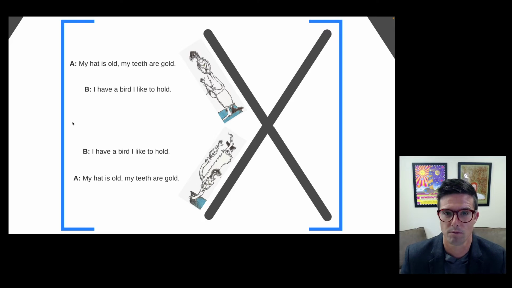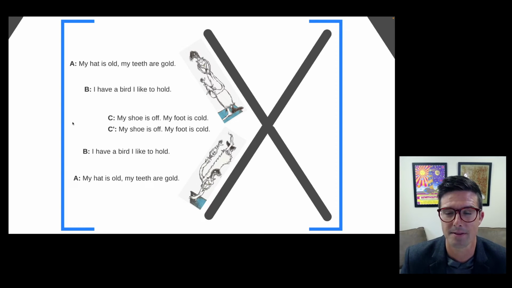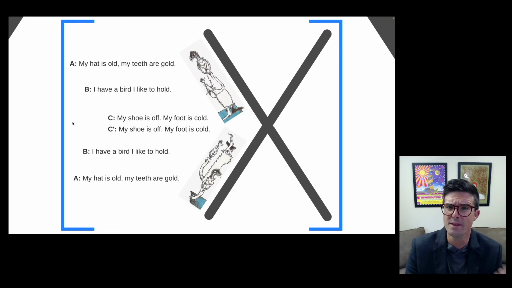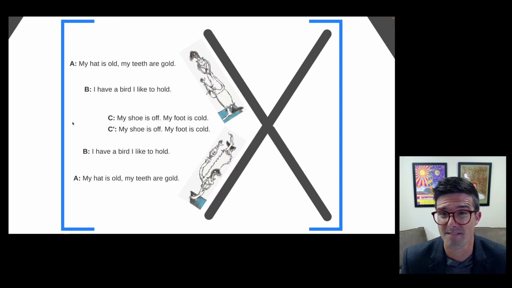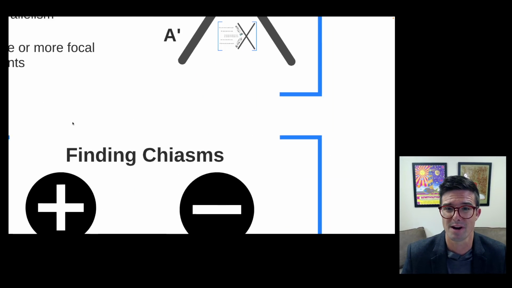And we're moving one step in. We have I have a bird I like to hold, and then at the center our focal point, and in this case a double focal point insofar as the same phrase is repeated, my shoe is off, my foot is cold.